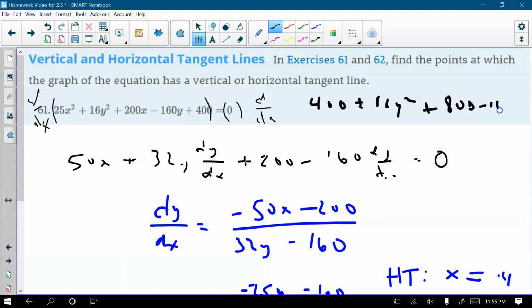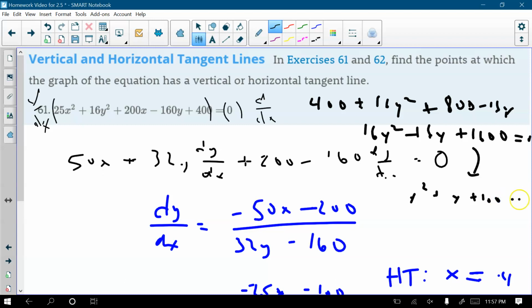Minus 16y, and then plus 400. Well, 400 plus 400 plus 800 is 1600. So we have 16y squared minus 16y plus 1600 equals 0. Which means I can divide everything by 16, so I get y squared plus y plus 100 equals 0.